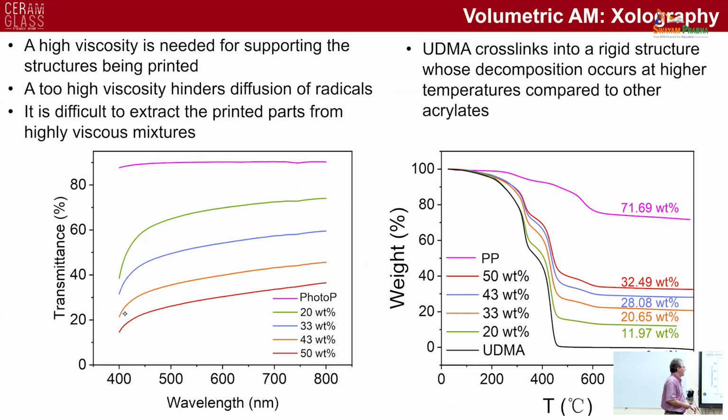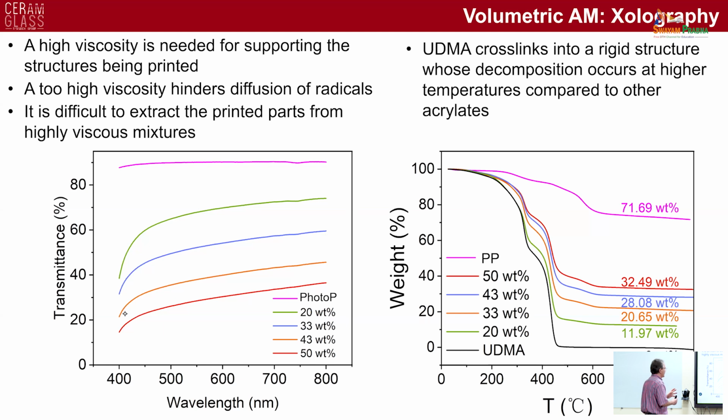But you can see that if you start adding a lot of preceramic polymer, then the transmittance of the solution decreases. This is because we cannot use a solvent, because it would decrease the viscosity too much. So we cannot use a neutral solvent to dissolve the solid silicone resin into the UDMA liquid photopolymer.